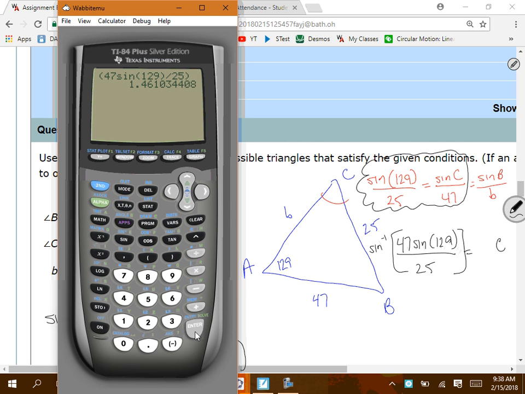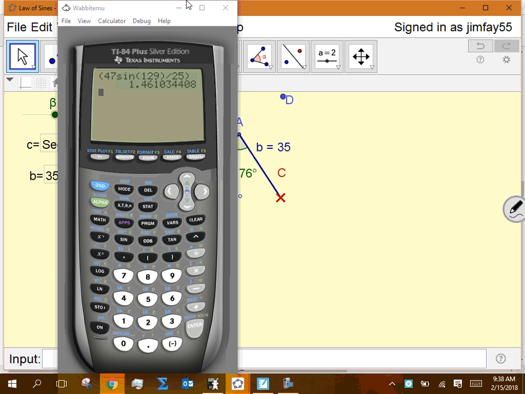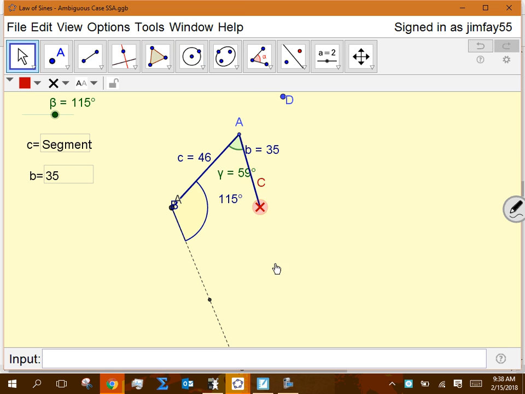So the calculation is actually taking sine inverse of 1.46, and we know 1.46 is not a valid input value for the sine inverse. And that's the algebra that shows up to you, the numerical response that shows up to you, that tells you graphically that that thing's never going to touch that ray to create a third side. All right? Okay.